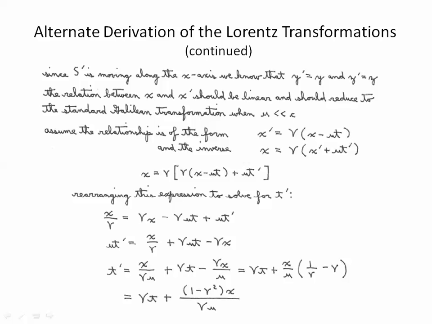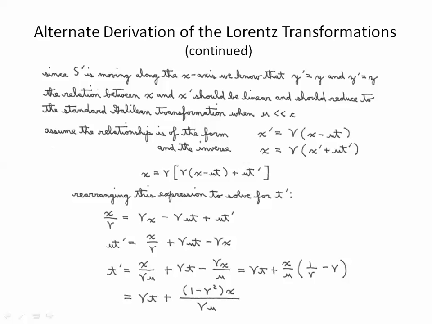The transformation for obtaining x prime from x, u and t, and the transformation for obtaining x from x prime, u and t prime should be symmetrical, and our task becomes finding the expression for gamma, the same gamma as before, that satisfies the spherical wavefront equations in S and S prime on the previous slide.